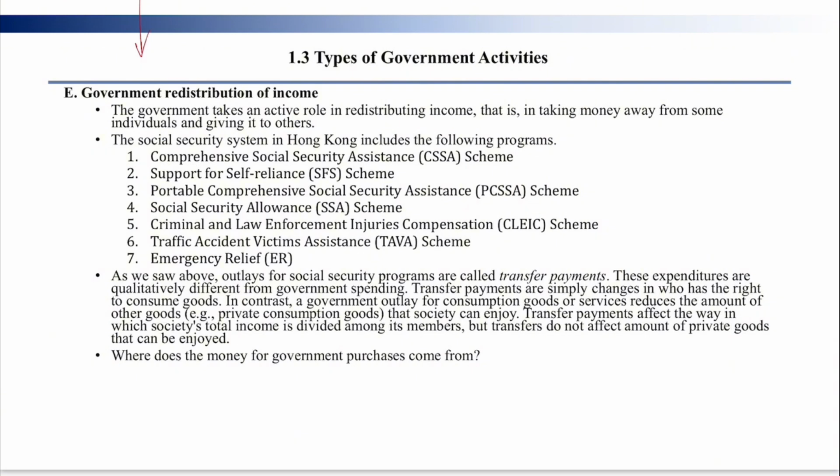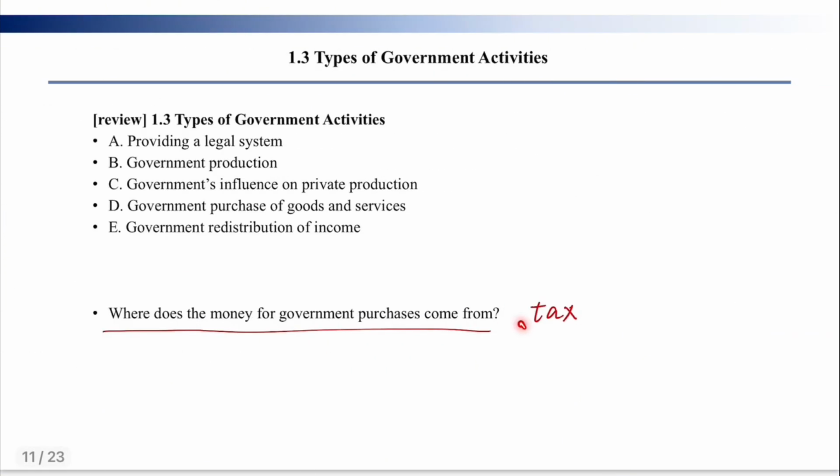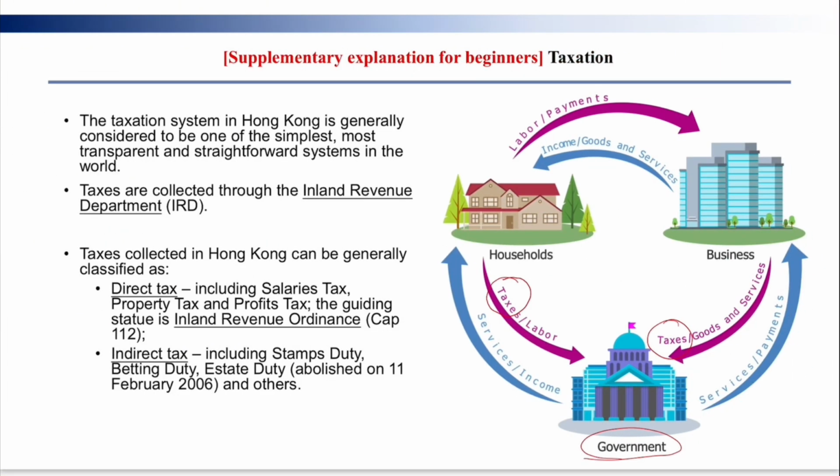And then we may have a question: where does the money for government purchase come from? The answer is from tax. So here is a circulation process. We have three parties in the whole society: the households, the business, and the government. The government can give services and income to the households. The government can give services and payments to the business.